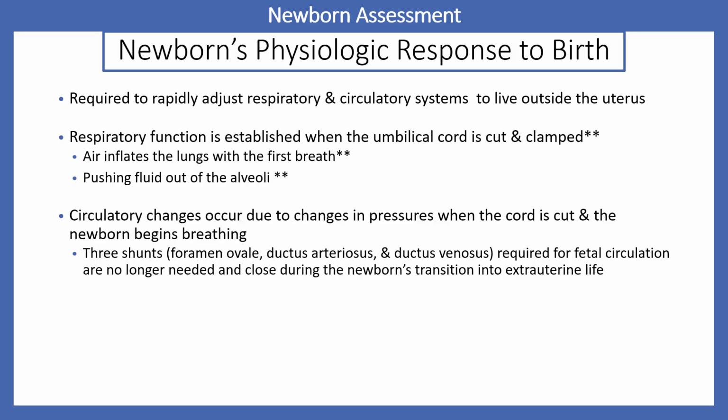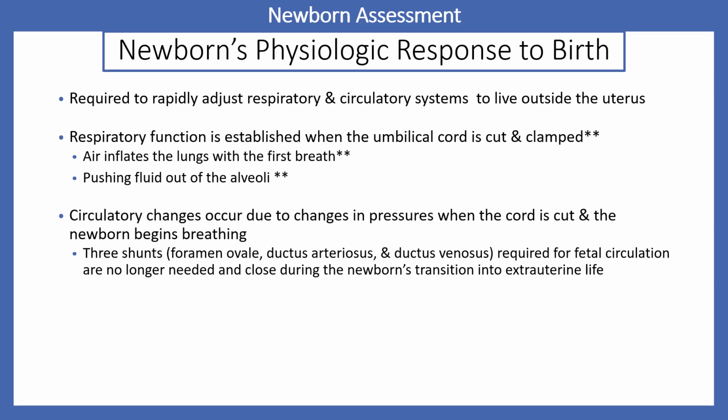Circulatory changes also occur due to the changes in pressure after the umbilical cord is cut and the newborn begins breathing. Fetuses have three shunts: foramen ovale, ductus arteriosus, and ductus venosus, that are required for fetal circulation. These shunts are no longer needed and close during the newborn's transition period.